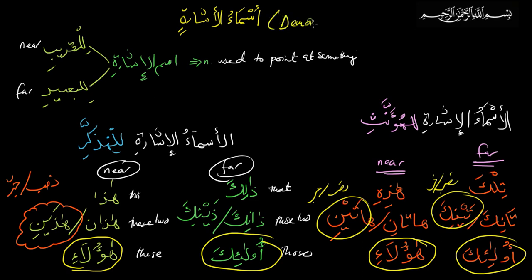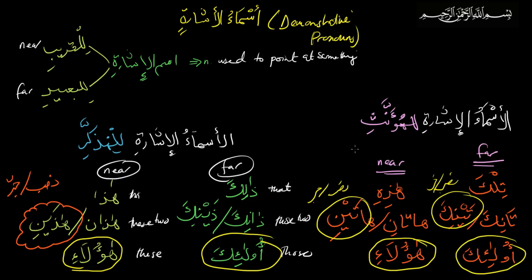I forgot to say that. أسماء الإشارة للقريب للبعيد, for مذكر and مؤنث. So that's how ذلك الكتاب is like that. So we know this.